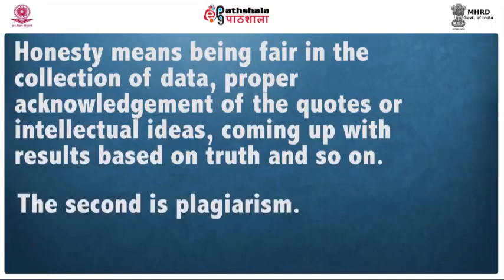The second is plagiarism. The writings, reports, or findings of historical research are the sole property of the individual researcher who conducted the study, and therefore anything, be it ideas, text, or graphics, borrowed from some source without acknowledging the source amounts to plagiarism.